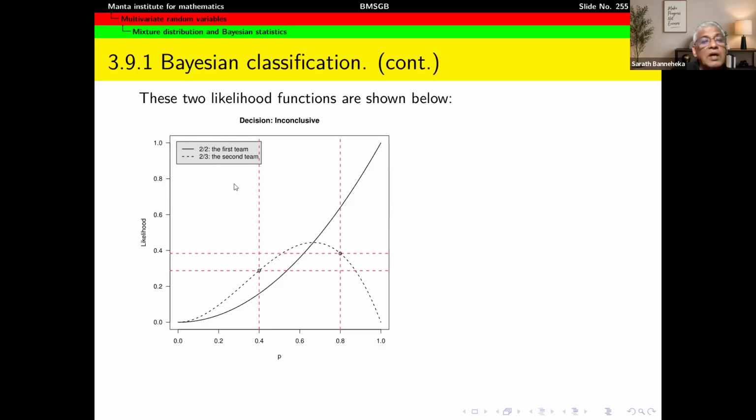The other one has its maximum somewhere here. That is actually 2 out of 3, so this is not the correct function, because here I'm considering winning two games out of three. If you apply this for 3 out of 4, the maximum will occur around 0.75, somewhere here.